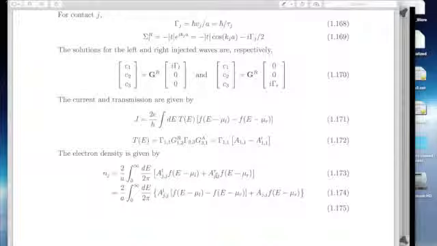The left injected spectral function is like psi squared that you inject from the left contact. The right injected spectral function is psi squared that you inject from the right contact. You weight them by the statistical probability of them being filled, the Fermi factor of the left contact and the right contact, and you sum them up and you get the charge density at site J.